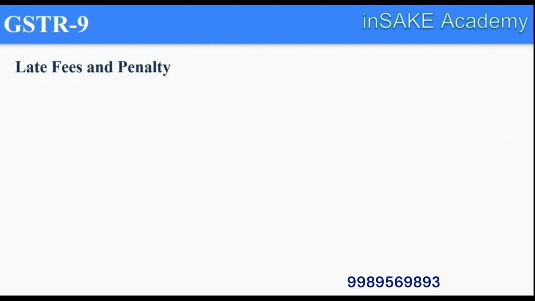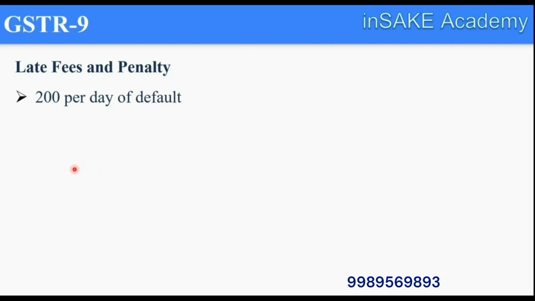And the late fees and the penalties. The late fee is 200 rupees per day of the default. It consists of 100 rupees portion of CGST and 100 rupees portion of SGST.